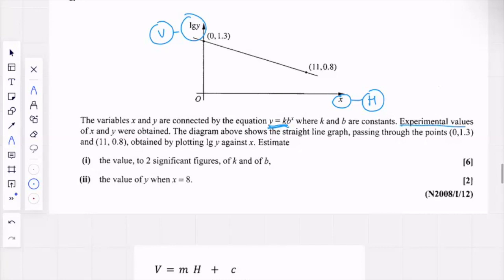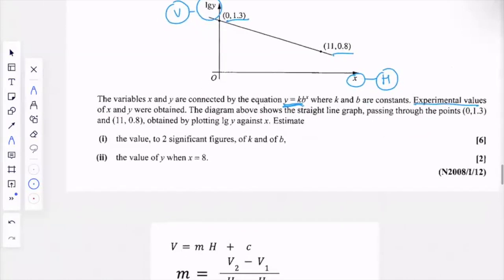And the question says experimental values of x and y are obtained. The diagram above shows the straight line graph passing through the points (0, 1.3) and (11, 0.8) obtained by plotting log y against x.